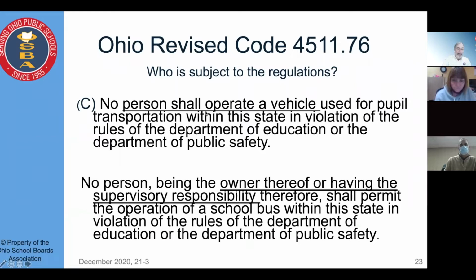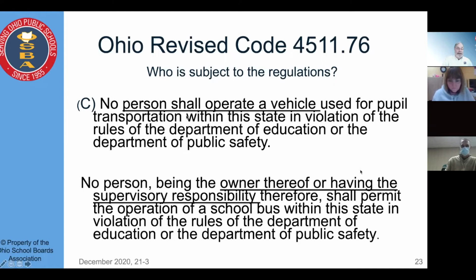So here is the piece of revised code that says ODE has authority over van operations. All right. So A and B talked about buses, but here we now talk about any vehicle used for pupil transportation. And so here, this originally at one point said buses, and then it got changed to vehicle. So here's where this gets expanded and includes vans.